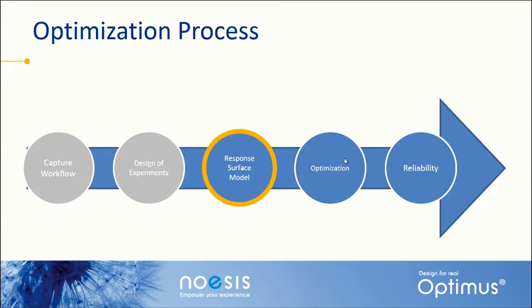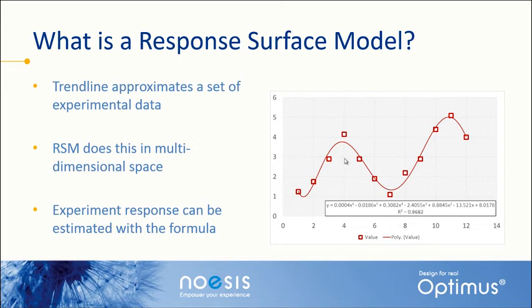After we have our design space sufficiently sampled, we're ready to create a response surface model. For those of you who are familiar with Microsoft Excel's Add Trendline feature, this is essentially a response surface model. We're fitting a mathematical formula to experiments. A response surface model does this in multi-dimensional space, and it can use more than just a least squares regression to calculate that model.